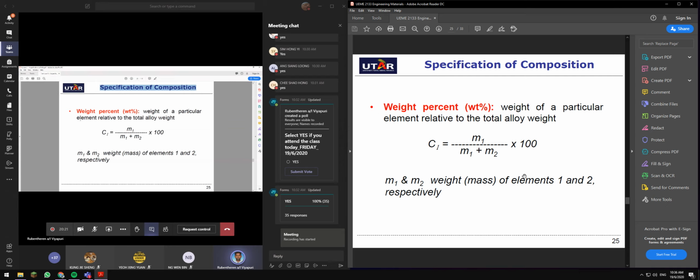As a materials engineer, you should know the exact amount of composition to be added into the matrix.